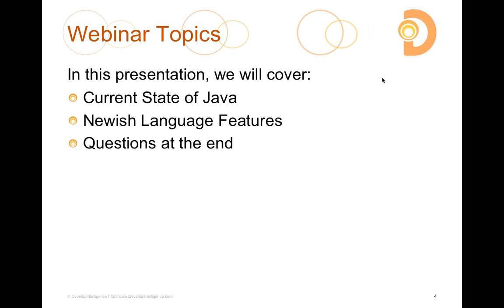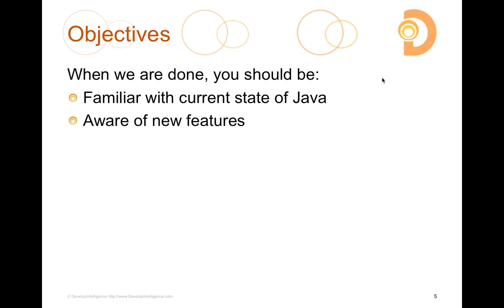We have about an hour to talk through some of the new features in Java, and we're going to spend that time first with a quick overview of the current state of Java and where it is in terms of different versions, and then we're going to look at some new language features that have come out over the past 3 or 4 years. As I mentioned, we trained about 1,800 engineers last year, and I would say approximately 50% of those engineers are still using some version of Java 4 or some version of Java 5.